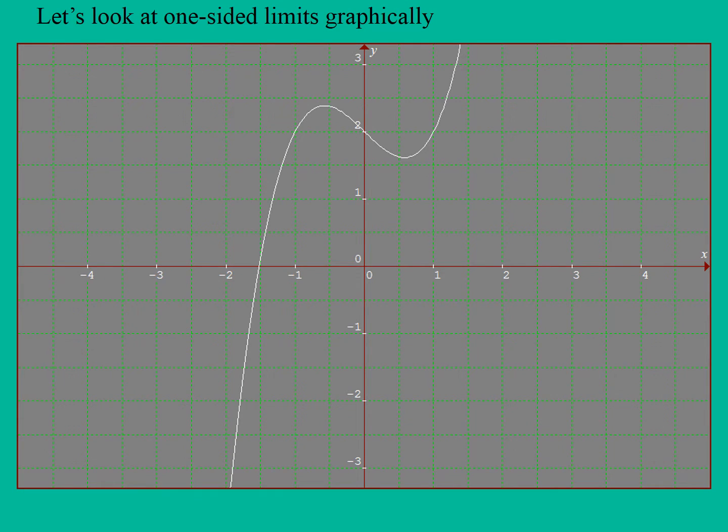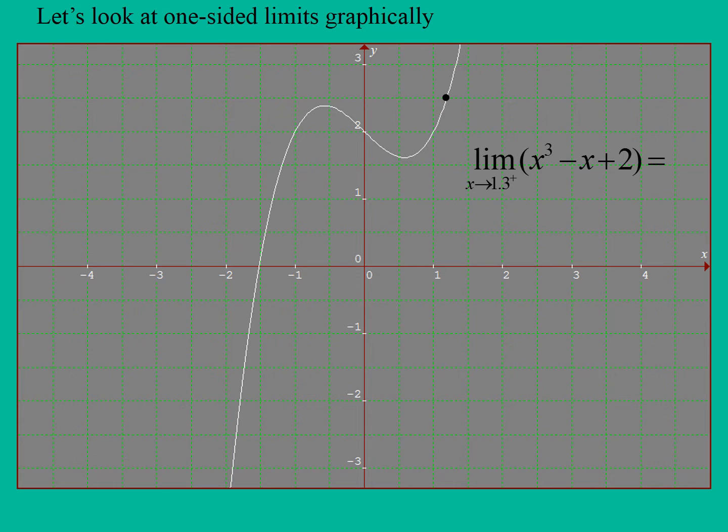Let's look at a one-sided limit graphically. Here we have the graph of x cubed minus x plus 2. We're trying to find the limit of this function as x approaches 1.3 from the right.